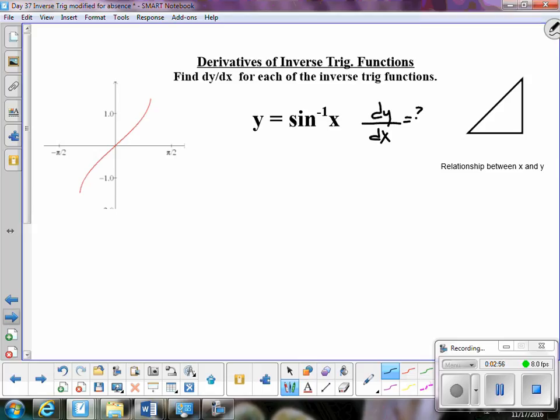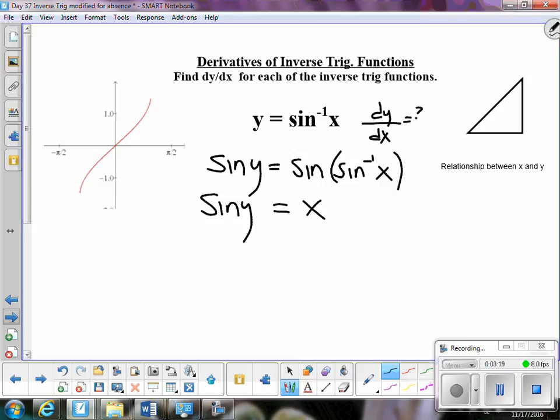So if we take the sine of both sides, we get the sine of y equals the sine of the inverse sine of x. But think about what happens when you take the composition of a function and its inverse. One undoes the other. So the sine of the inverse sine of x is just x.